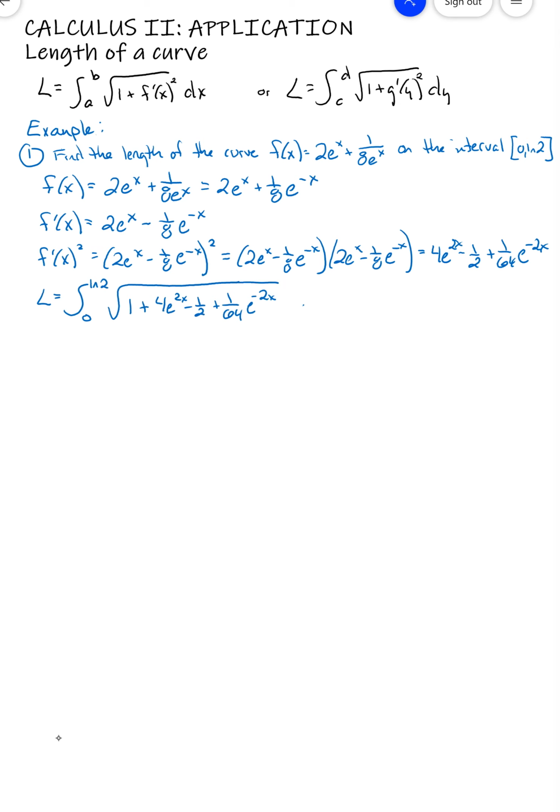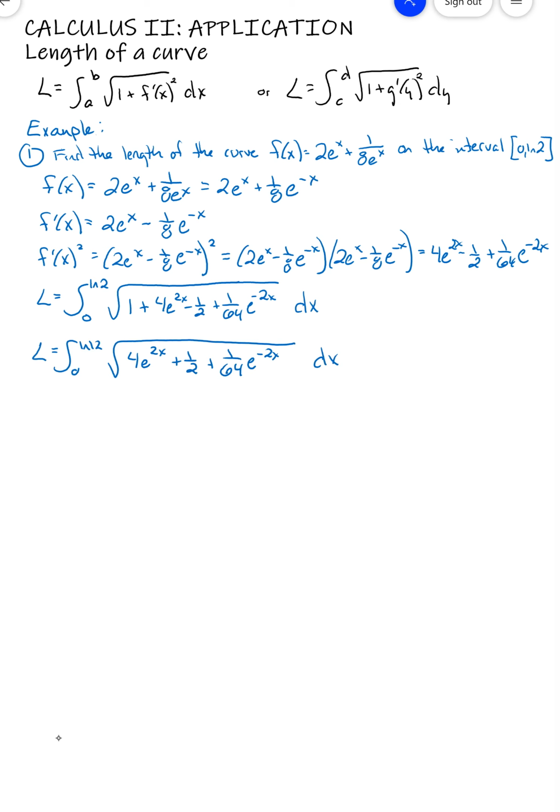All that's under the radical, and then of course we're integrating with respect to x there. Let's start simply. I can combine the 1 and the 1/2, so that gives us 4e to the 2x plus 1/2 plus 1/64 e to the negative 2x dx.